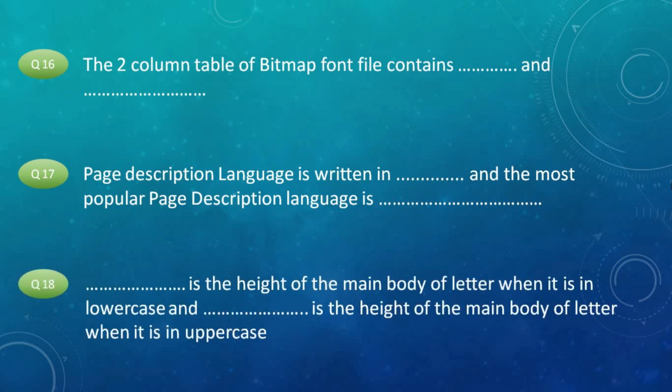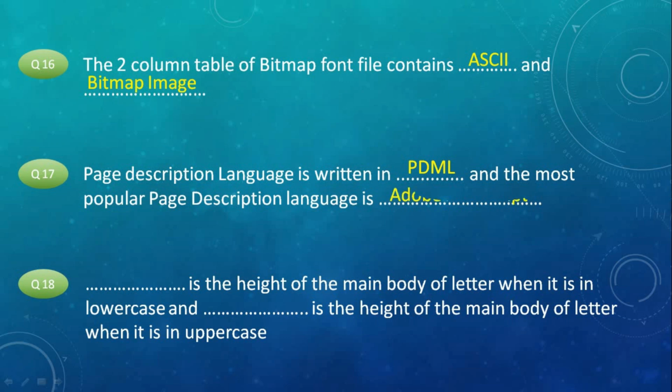Dash is the height of the main body of letter when it is in lowercase, and dash is the height of the main body of letter when it is in uppercase. The answer for these questions: the two-column table of bitmap font file contains ASCII and the bitmap image itself. Page description language is written in page description markup language.